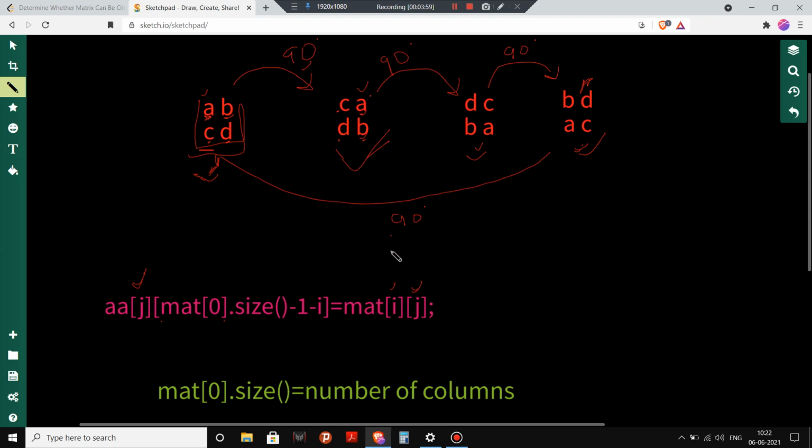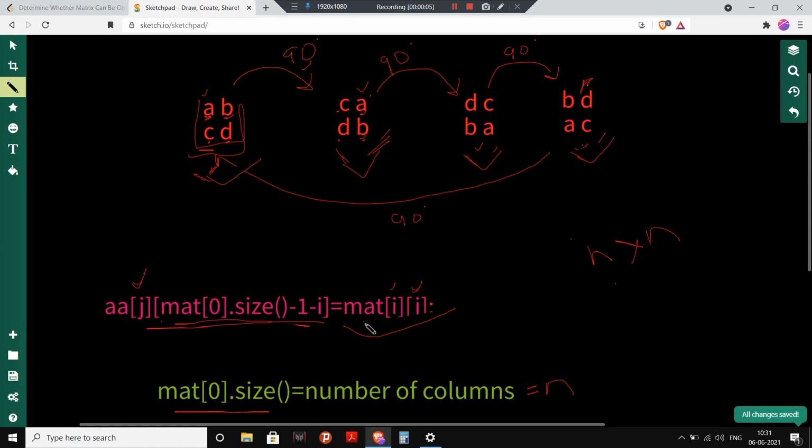This implies that if I have i as the row number of the element in the initial matrix, then the column number of the element in the final matrix is mat of 0 dot size minus 1 minus i. What does mat of 0 dot size represent? Mat of 0 dot size represents the number of columns. Since we are given the matrices as n cross n, it is n only. So now we have this relation.